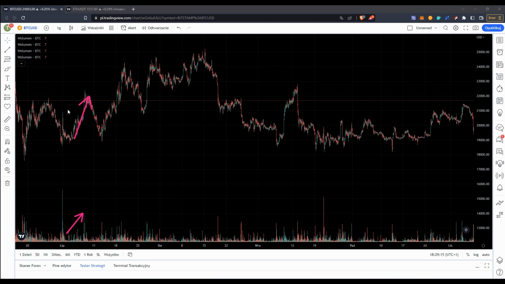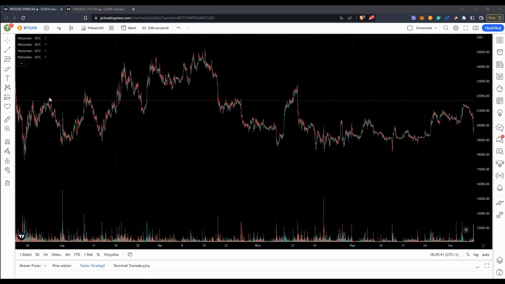But at some point, at the top of that volume, over here, we hit the resistance. So we've seen high volume at the top of that range, with a little bit of rejection, and then we've seen prices going lower, okay?